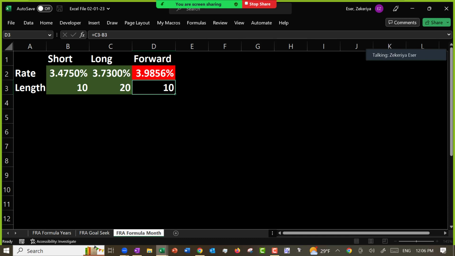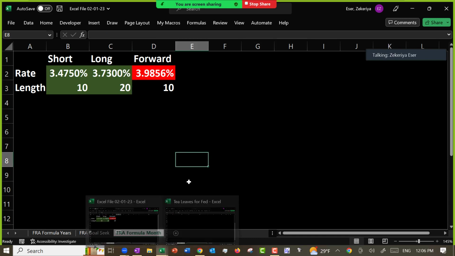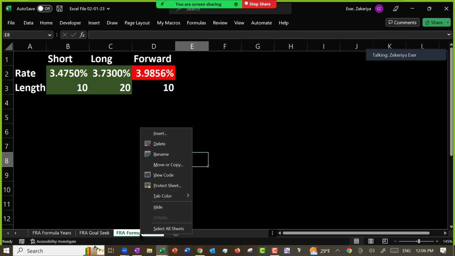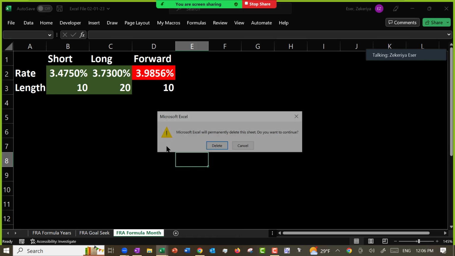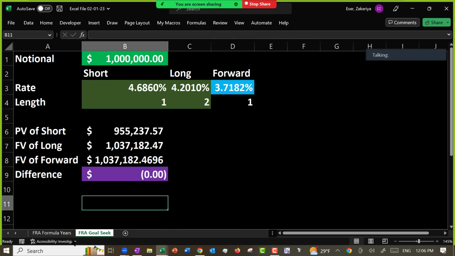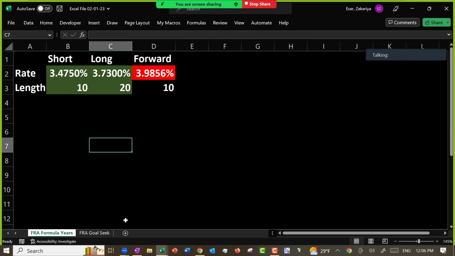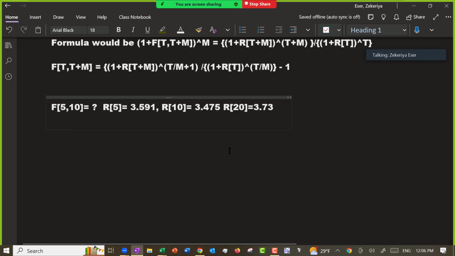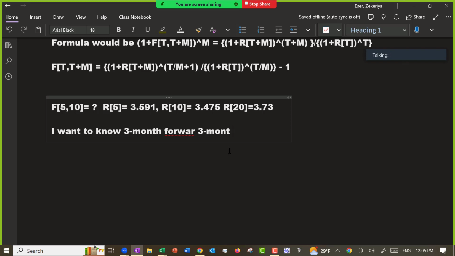Actually, let's just leave it at that. Let's just delete this one. Suppose I want to know the 3 months forward 3-month rate.